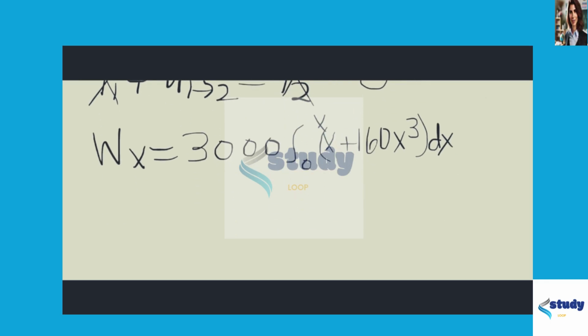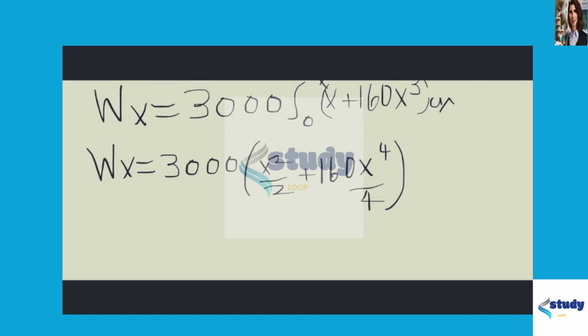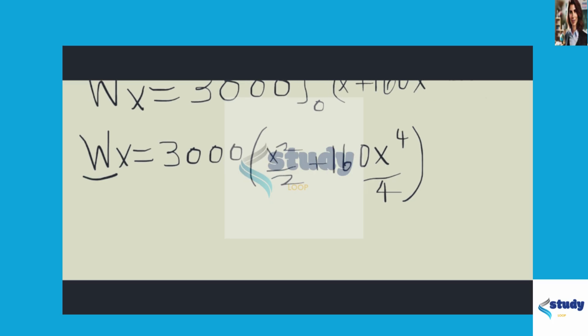Alright, so now we just have to simply evaluate this integral, so we know that wx equals 3,000 times x squared over 2 plus 160x to the 4th over 4. And now we're just going to plug in for wx. Since we know what w is, that's simply mg.